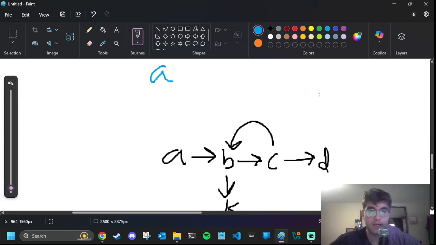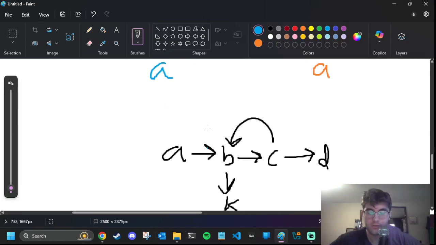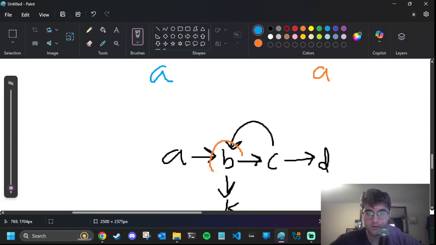We'll pop A, so A will go to our results, and then we will see are all of the prerequisites of B met? The answer is no. So to have a cycle means that the prerequisites will not be met.